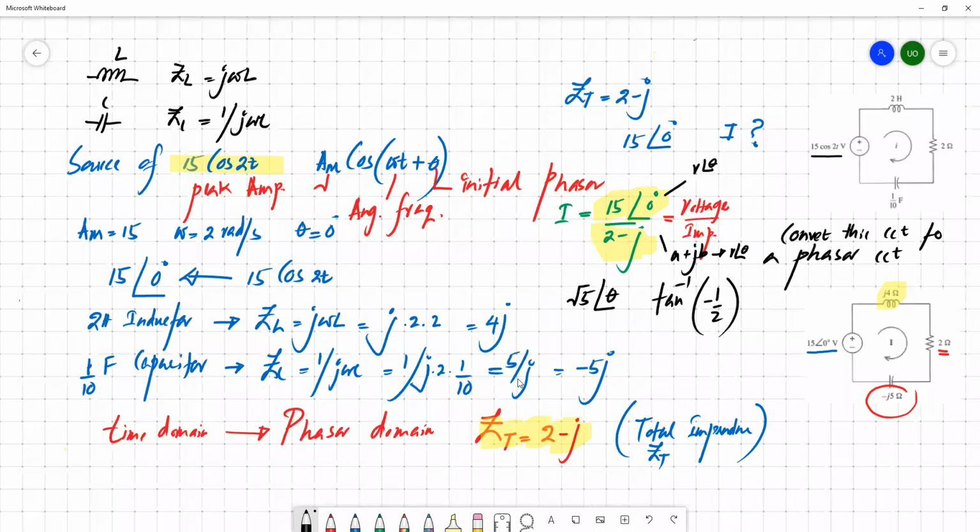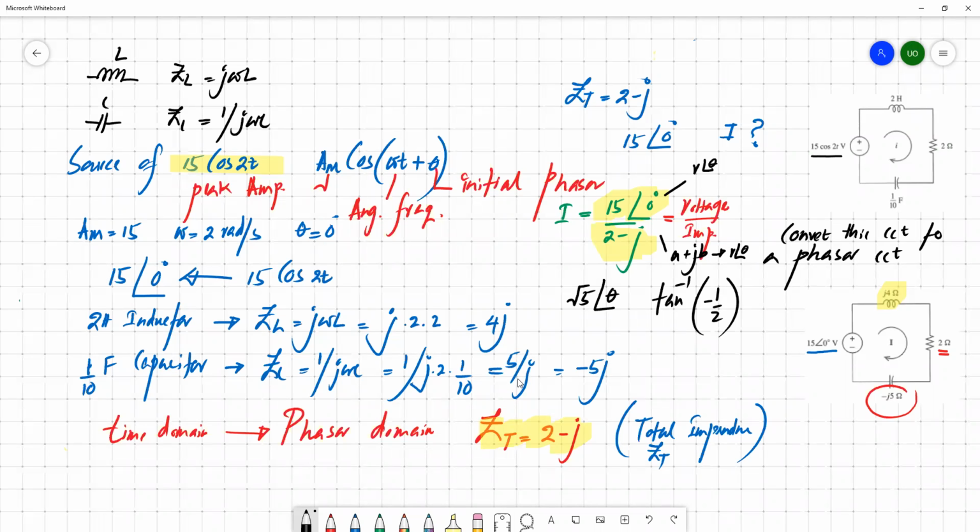Hope you can convert any complex number in real plus j times imaginary form to its polar form. So we can simply say that this 2 minus j can be converted into phasor form as square root 5 at an angle theta, where theta is tan inverse minus half.